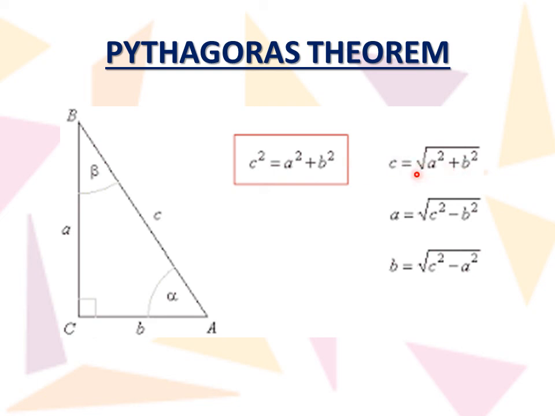It has to be positive since we are considering the length. Similarly, a square can be equal to c square minus b square. So a equals the square root of c square minus b square, and similarly for b, the base side, we can say that it equals the square root of c square minus a square.